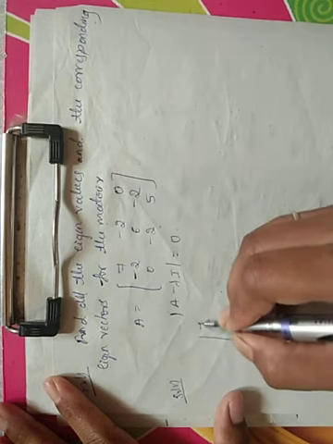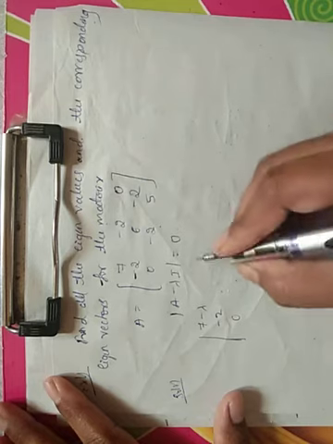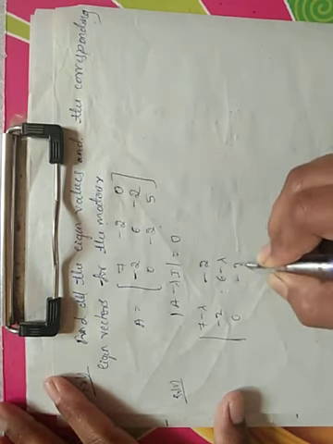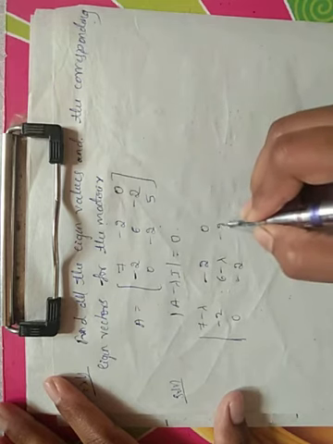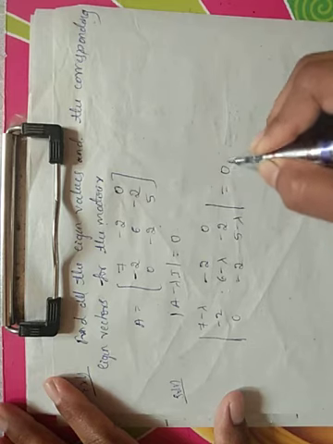So that is 7 minus lambda, minus 2, 0; minus 2, 6 minus lambda, minus 2; 0, minus 2, 5 minus lambda, equal to 0.